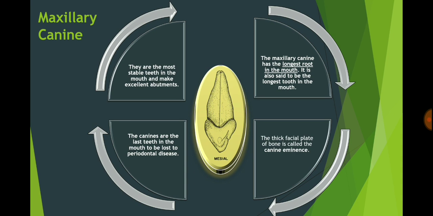So in the mesial view, the maxillary canines have the longest root in the mouth, and it is also said to be the longest tooth in the mouth. Now, it is not saying the longest crown. It is saying the longest root. The longest tooth means the combination of the crown and the root, taken together.